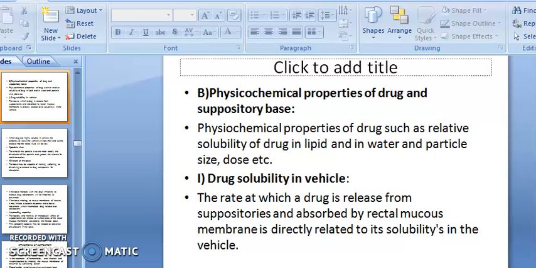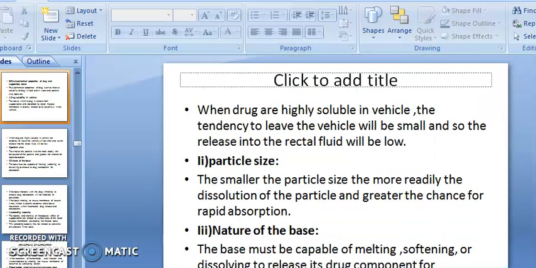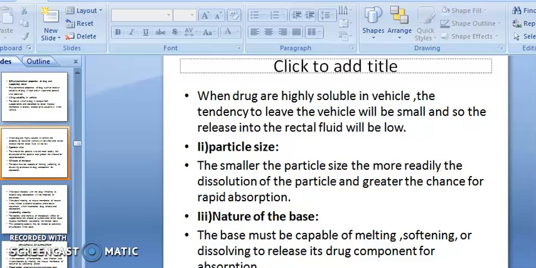When drugs are highly soluble in the vehicle, the tendency to leave the vehicle will be small and so release into the rectal fluid will be low. When we prepare a suppository with a highly soluble vehicle, a lesser amount of absorption is found with your rectal fluid.